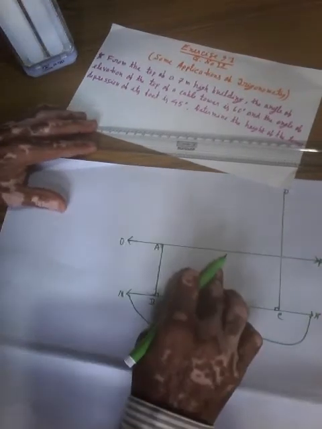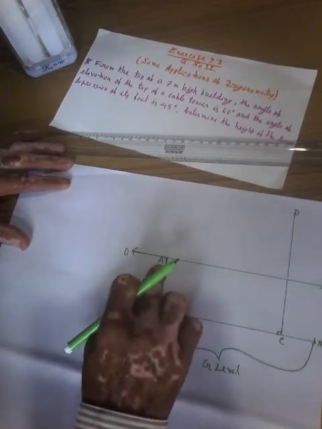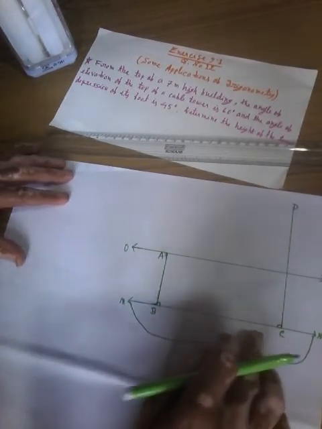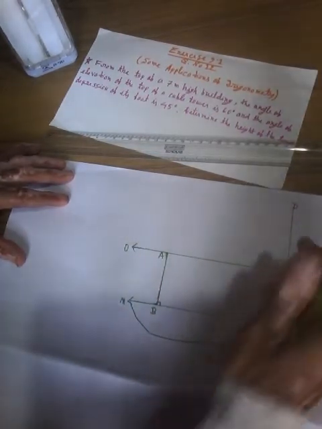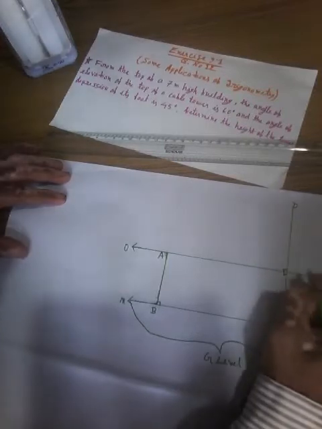So this is the horizontal line of sight from the point A, which is parallel to MN. So we have got two right angles here.